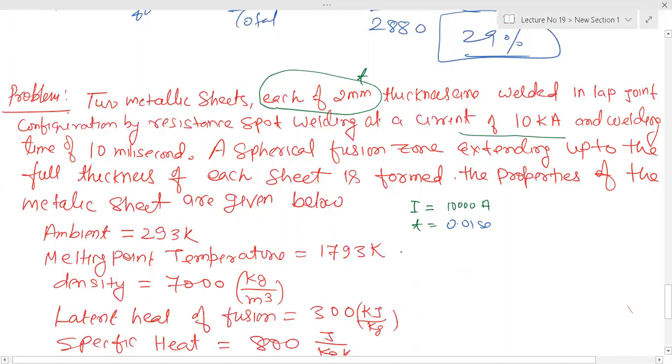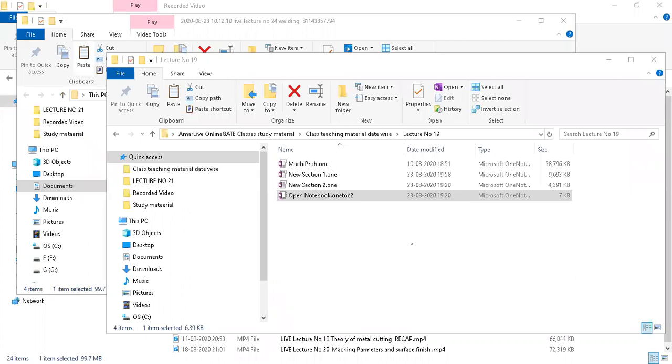Then your heat required, that, okay, it got hanged, wait.